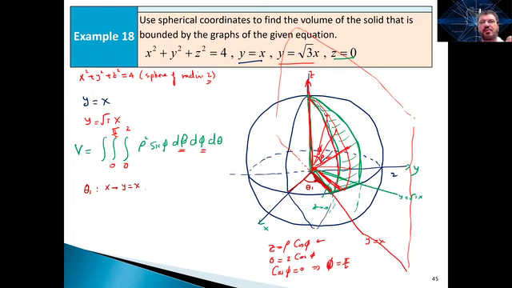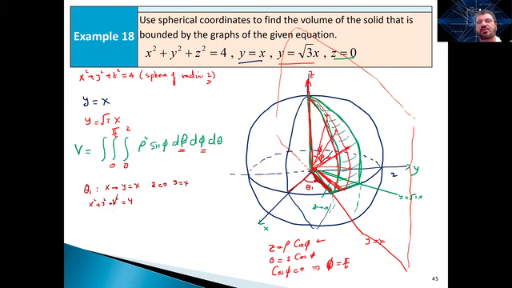Here we know, when you are there, z is equal to 0, right? When you're on the xy plane, z is equal to 0 and y is equal to x. So what do we have, by the way? We have x squared plus y squared plus z squared equal to what? What's the equation of that? It's equal to 4, isn't it? You are in the sphere now.